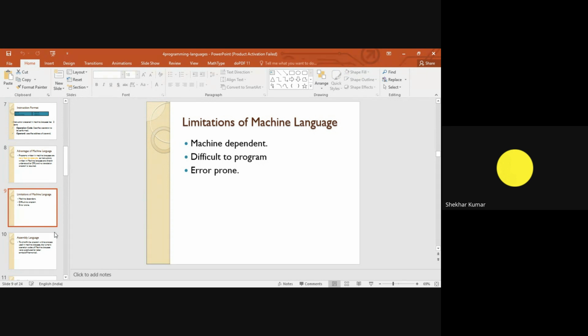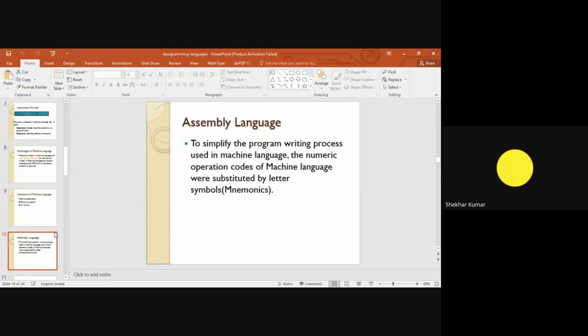The next language is assembly language. It is also called a second generation programming language, or a middle level language.